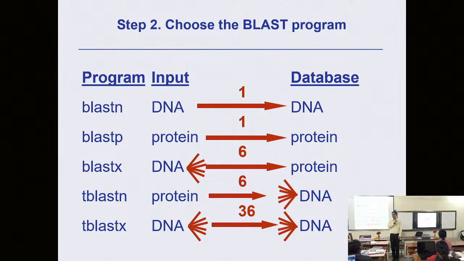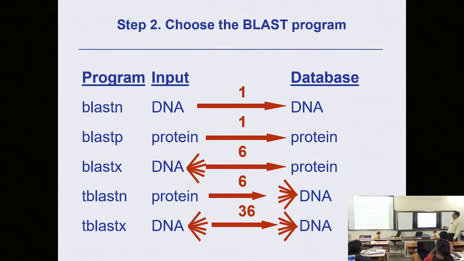So that's why you want to translate these 2 DNA sequences into protein sequences, so that you can assess the conservation at the protein level. Okay, so 6 possible protein sequences from the query DNA, and 6 possible protein sequences from the subject DNA in the database. So 6 multiplied by 6, total 36 comparisons.